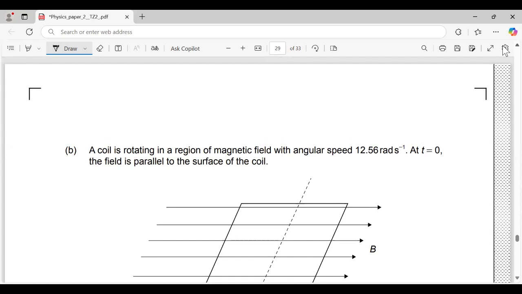A coil is rotating in a region of magnetic field with angular speed 12.56 radian per second at t equals 0. The field is parallel to the surface of the coil. This is the diagram of the coil.